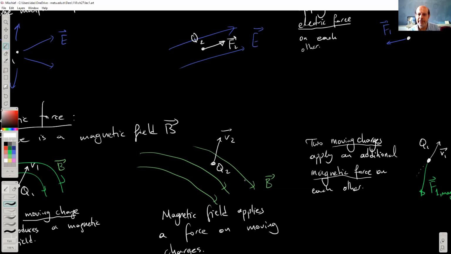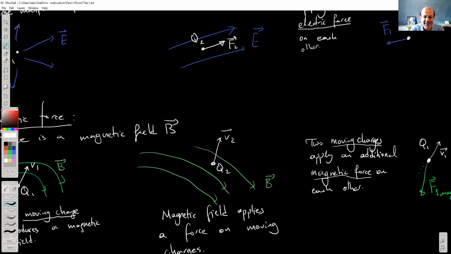Because of that, we call the field itself the electromagnetic field. It's not just the electric field or just the magnetic field. They form a common single entity, so we talk about the electromagnetic force and electromagnetic energy and things like that. When time comes, we are going to see the relationship between the electric and the magnetic fields later.